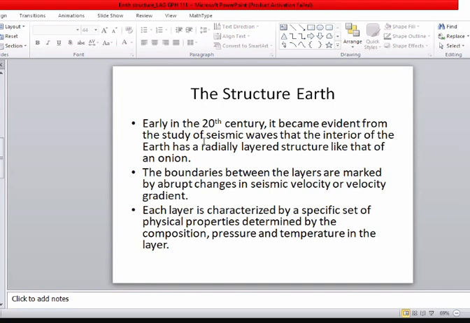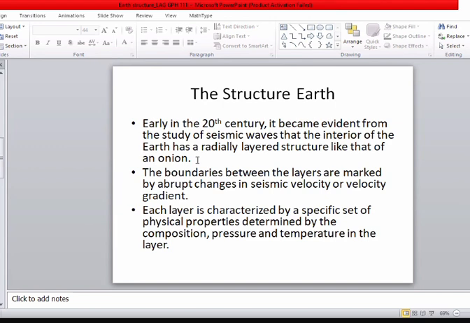As a result of that seismic wave being sent into the Earth, it revealed the structure of the Earth as being radially structured. So the Earth is radially structured, and that is similar to that of an onion.